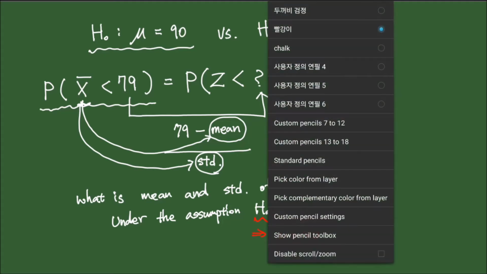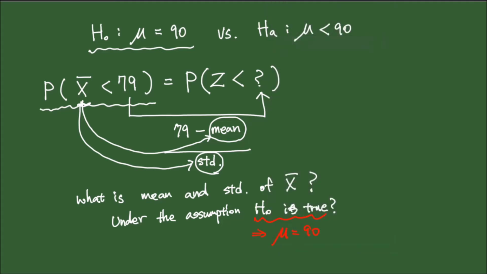So in this assumption, I would say x bar follows the normal distribution, mu is now 90, and the standard deviation of x bar shrinks to sigma over square root of n, and we have 20 as our number of observations.